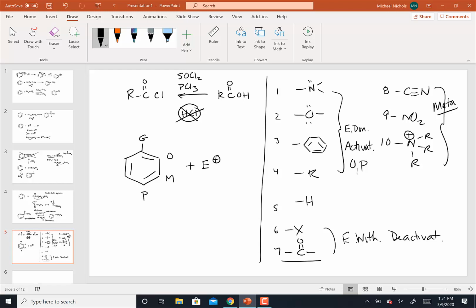With ortho and para, we are going to treat it as if it's both products, but later on we're going to decide one over the other. So we'll do a problem and I'll get into that, but right now you're going to write the ortho product and the para product. And if it's a deactivating group, with the exception of one, it's going to be a meta-director. What's the exception? The exception is halogens. Halogens are deactivating, but they are ortho-para. That's the exception.